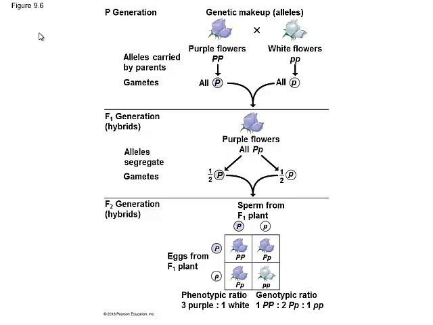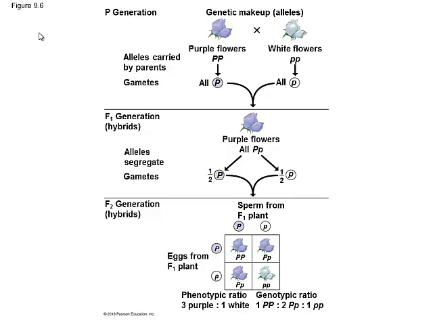See my ratios? So they wouldn't all be purple. Half of them would be what? Half of them would be white. And that's how I would know I had a heterozygous dominant individual.